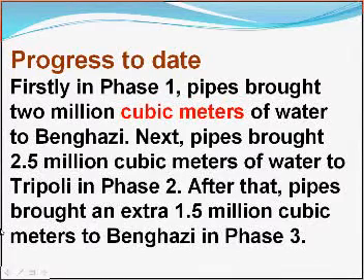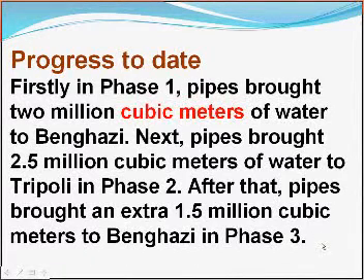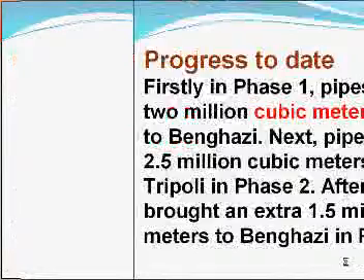After that, pipes brought an extra 1.5 million cubic meters to Benghazi in phase 3. So here you have to write about what happened till now. You have to write everything that happened from the beginning of the project till today. You have to write numbers, details, everything.